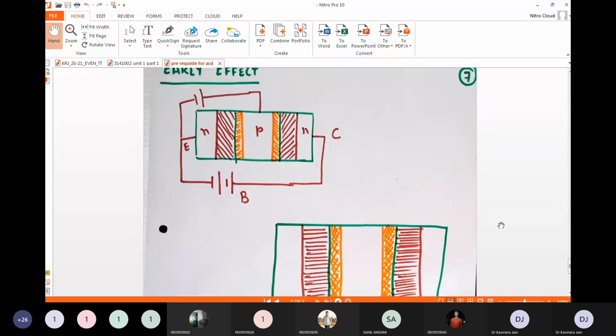Hence, there is a decrement in the width of the charge carrier portion of base. You already are aware of two terms: what happens when the depletion region is wide and what happens when the depletion region is narrow. Please respond yes or no.